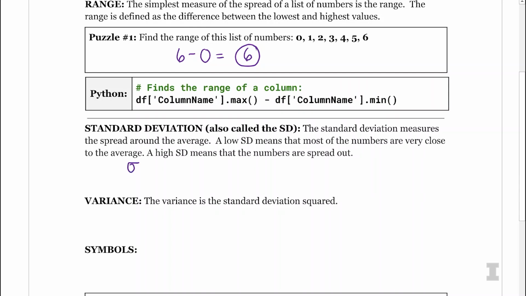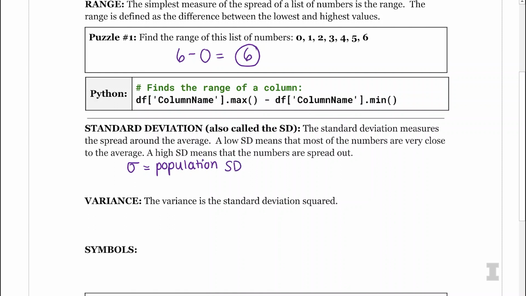If I was going to write the standard deviation in symbols, do you use a specific symbol for standard deviation? Yeah, it's a lowercase sigma. Yes, a lowercase sigma. And just like with mean and median, this represents, in statistics, the population standard deviation. Again, it's common to distinguish between a population and a sample.